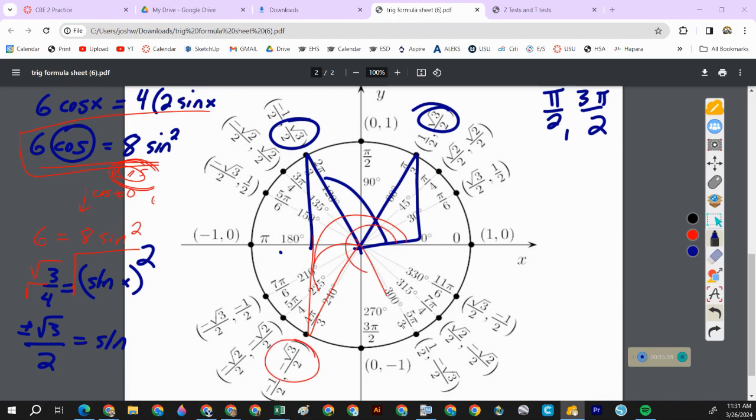And so does this angle. So the answers are pi over 3 in quadrant 1, 2 pi over 3 in quadrant 2, and then 4 pi over 3, which is in quadrant 3, and then 5 pi over 3, which is in quadrant 4.